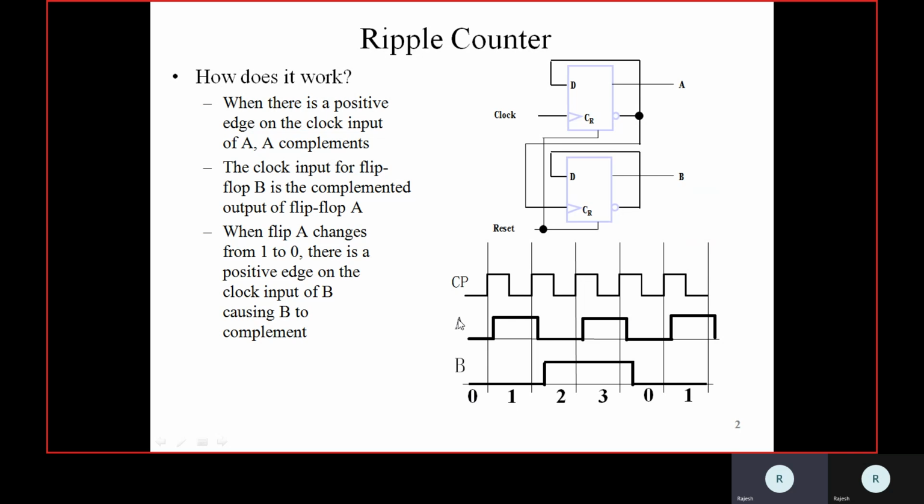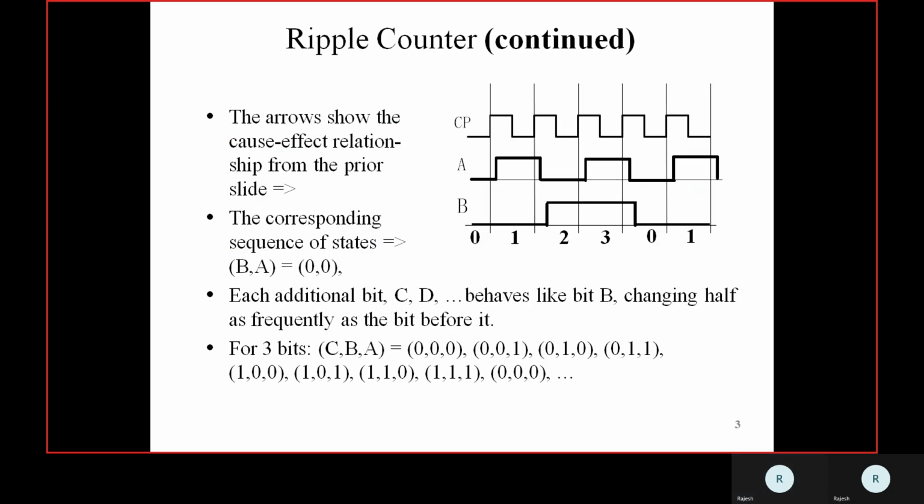So like this, you are going to achieve a ripple counter or asynchronous counter, where the clock is not synchronous to all the flip-flops. This is only a 2-bit counter.